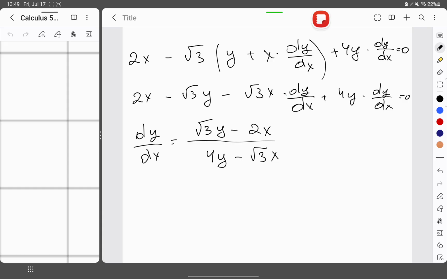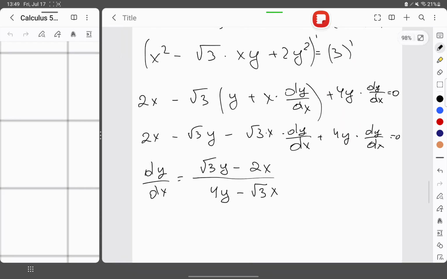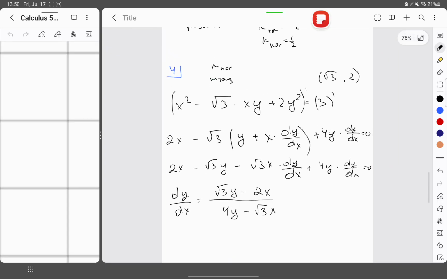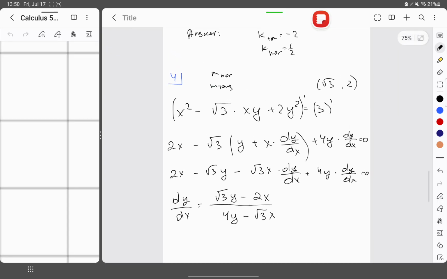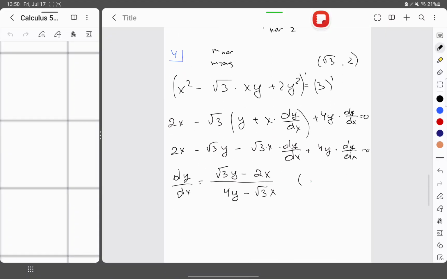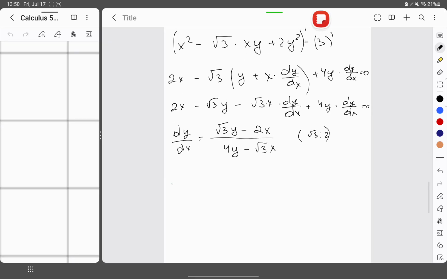Let me check it. That's true. What about this one? This one is also true. Good. That is our m tangential. If we plug this in, we will find m tangential.